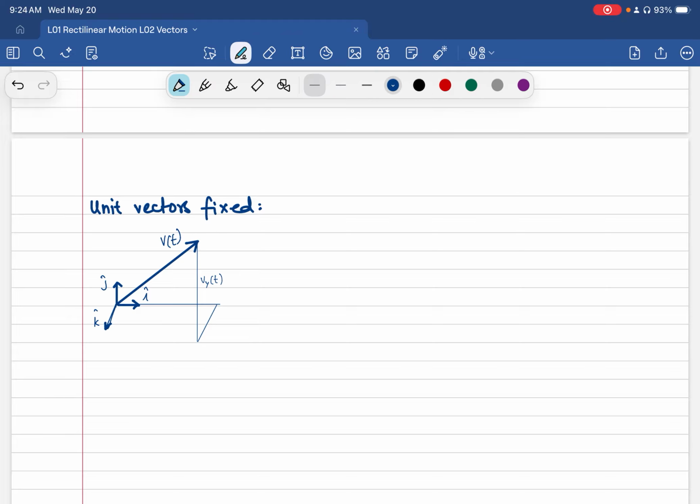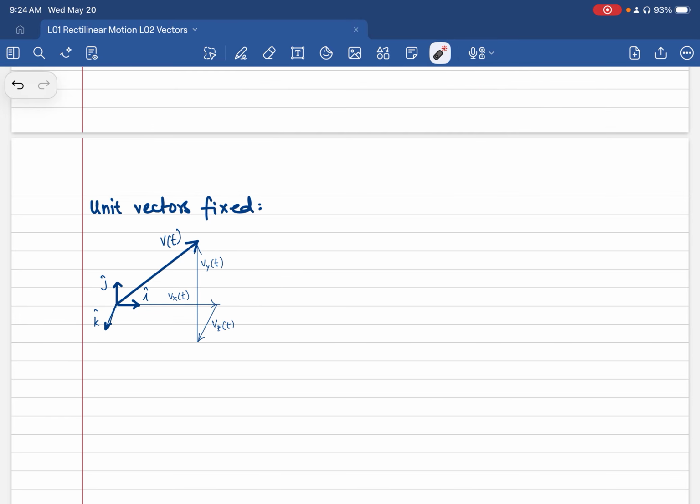So there's vy of t upwards, and then there is a vx of t in this direction, and then there's a vz of t in this direction. So essentially, this component along vx plus this component along vz, this component along y, are what constitutes this vector defined along these unit vectors. So that is at time t.